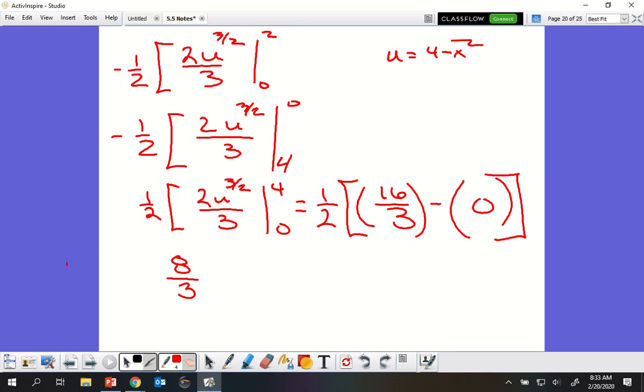Do you guys feel okay about this? I'm hoping so, at least okay. Do you want us to use that version or the other version? Either way, they're both the same thing. What was easier about this? You didn't have to sub back.